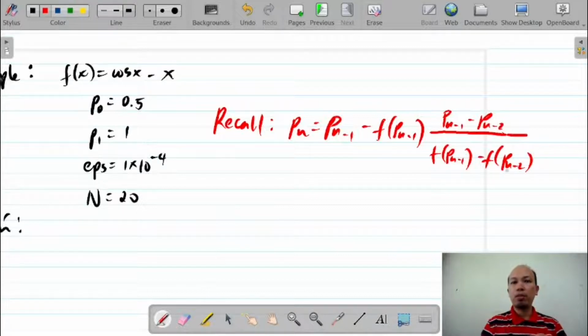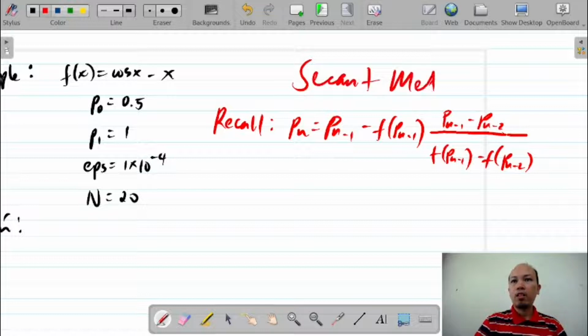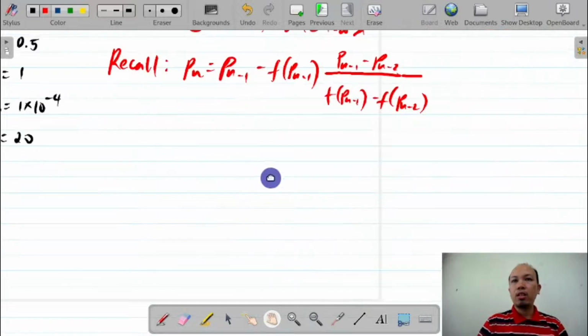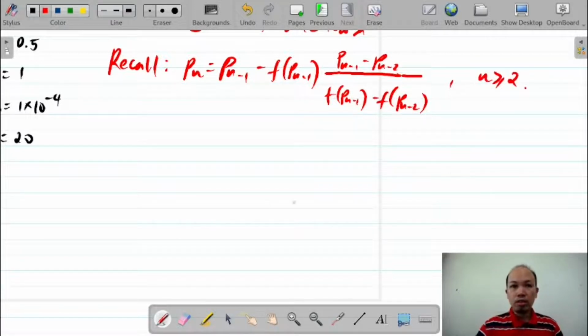This is almost the same as Newton's method. This is the formula for the second method, so we will use that formula. Remember that our n here starts with n greater than or equal to 2. Sorry for that.